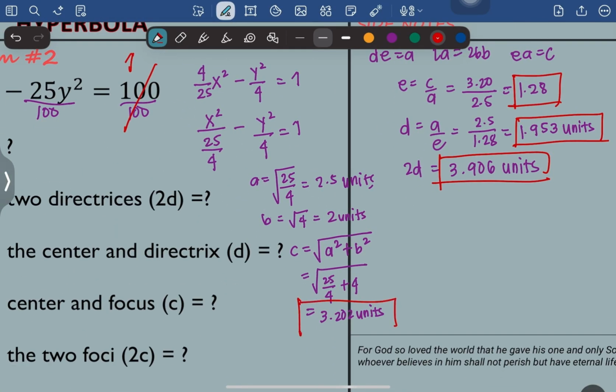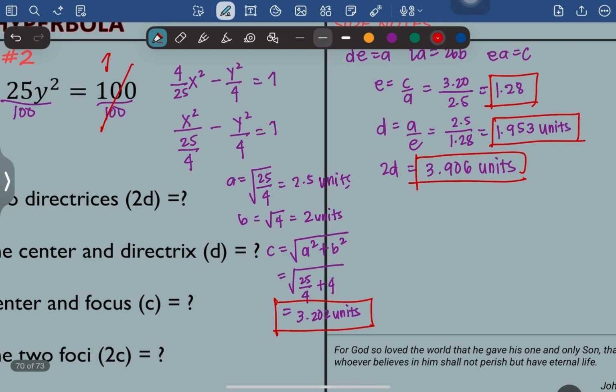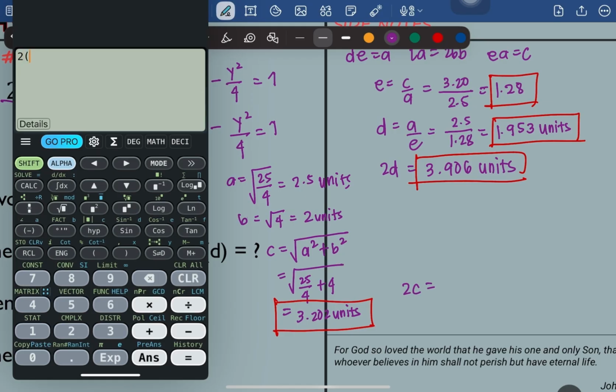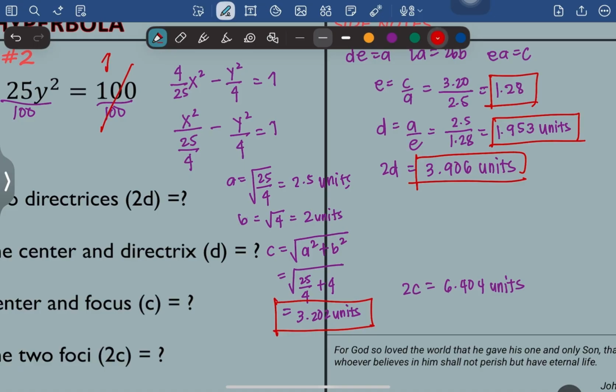Then twice of the C is equal to 2 times 3.202 is 6.404 units. So those are the answers for this item.